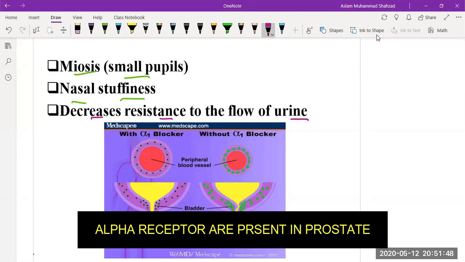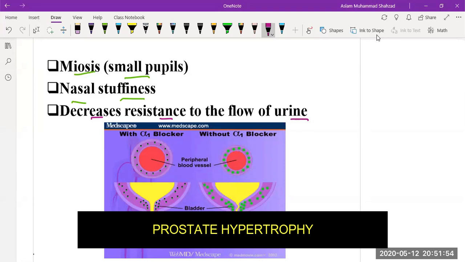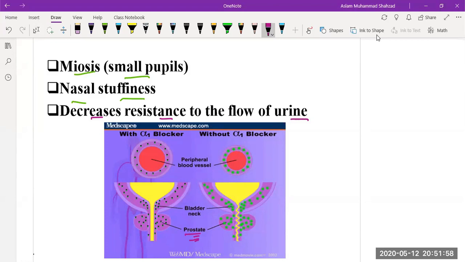How? We have to understand that alpha receptors are present in the prostate, and because of prostate hypertrophy there will be difficulty with the flow of urine, and the urine will be unable to pass through the bladder neck.